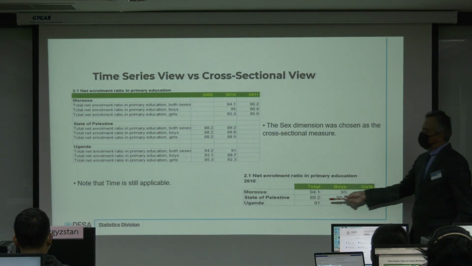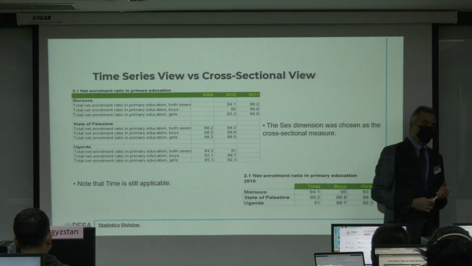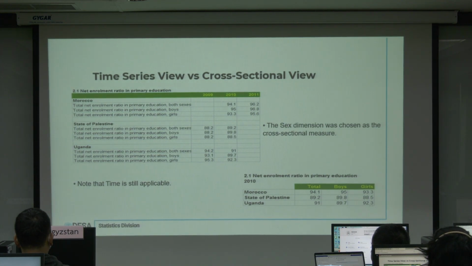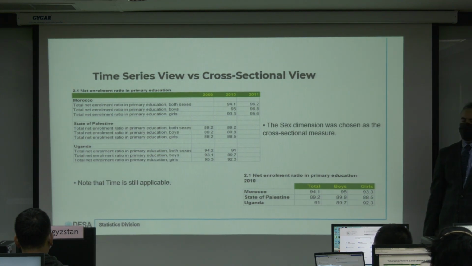But even here, time is still there. So it's just another way to represent the same data, another view of the same data.